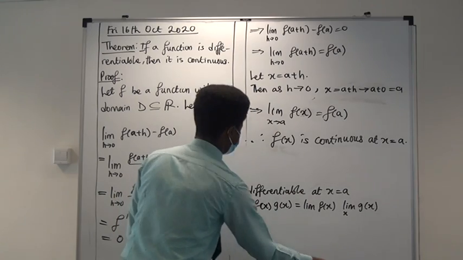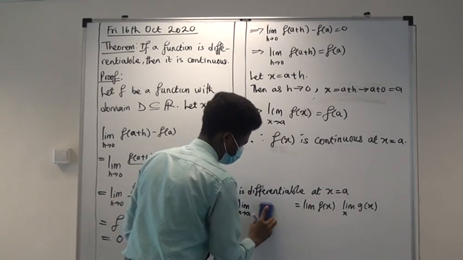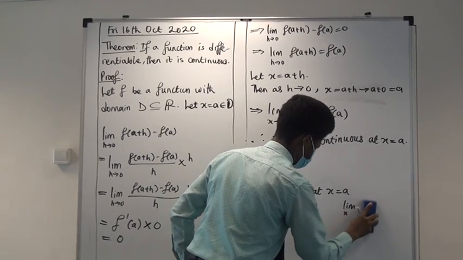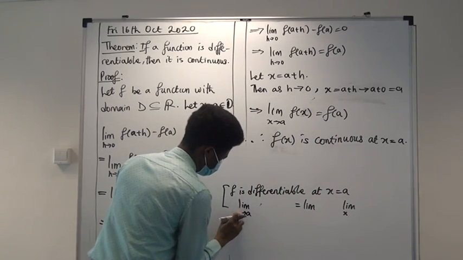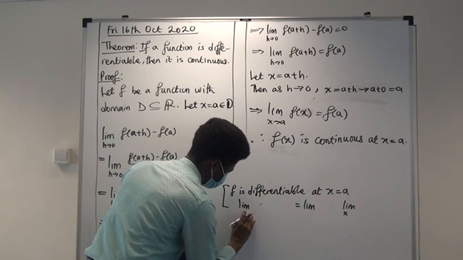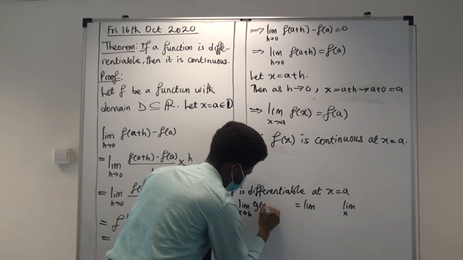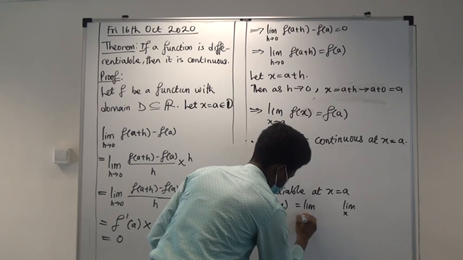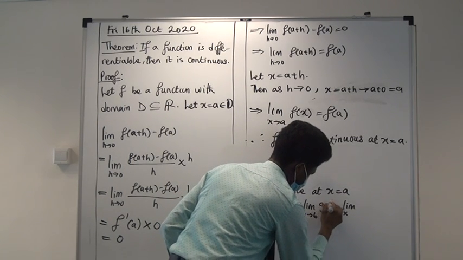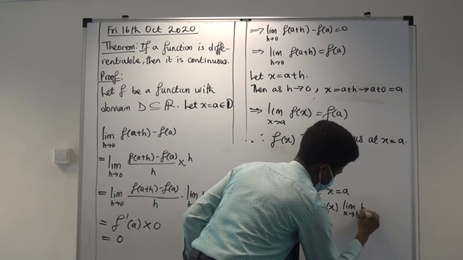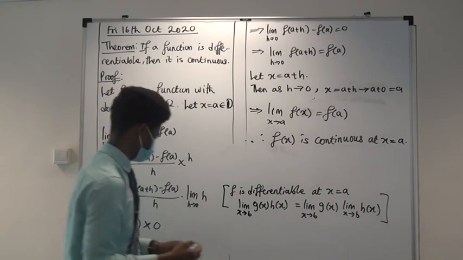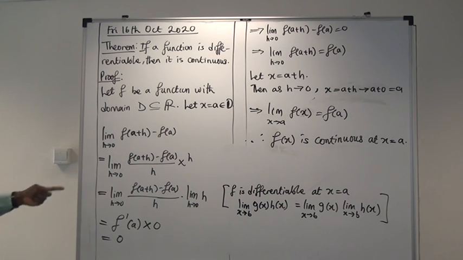Maybe I shouldn't use f because f is the question, so I can use g and h. Maybe we could use another variable, another value, b. Can you see that? So these are the two reasons. Please read the brackets and make sure you understand.